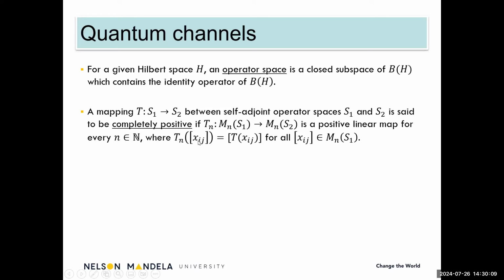So you just apply T to each entry. If that mapping is always a positive linear mapping, that means taking positive operators to positive operators, no matter what the n is, no matter what size matrices we are working with, then we say it is completely positive.